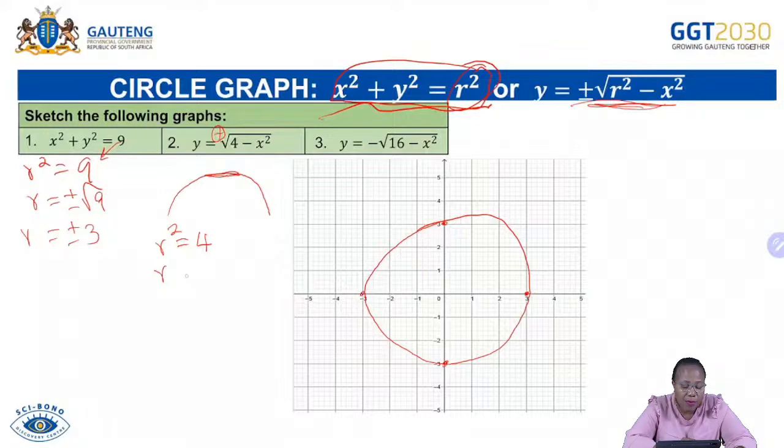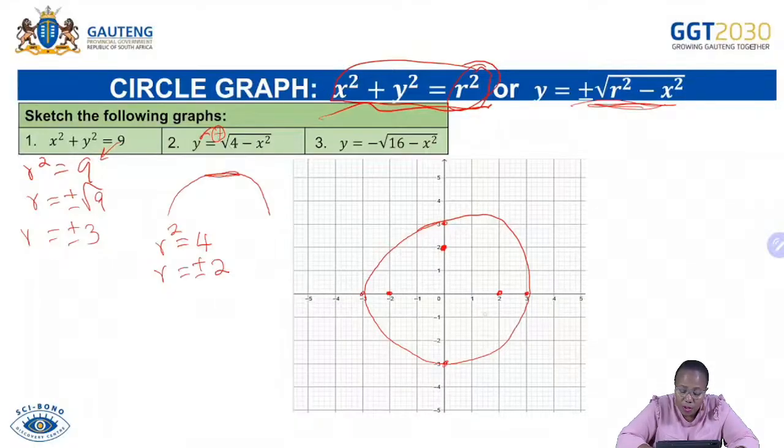So our r will be plus or minus the square root of 4, which is plus or minus 2. But now remember, this graph will only be on top, on the positive y. So we are working with radius 2: minus 2 and 2.